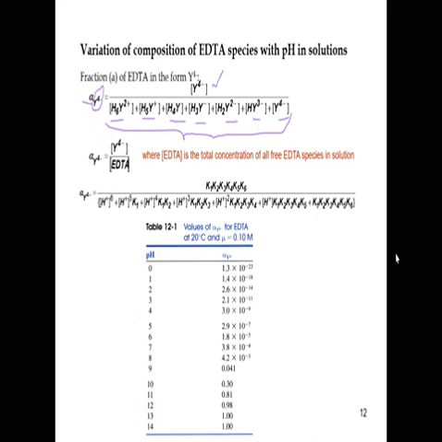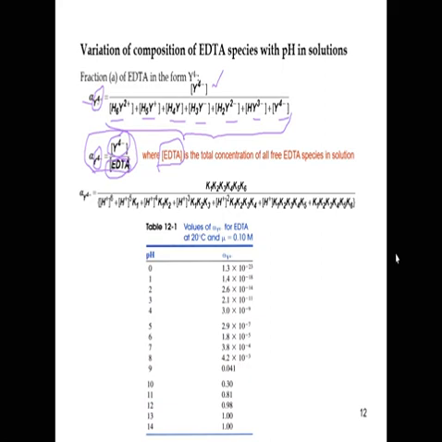This plus this plus this, 1, 2, 3, 4, 5, 6, 7 species. The concentration of the 7 species together we call the total concentration. So we can write the equation again: the fraction of Y4- species is equal to the concentration of Y4- over the summation of the concentrations of all the species.